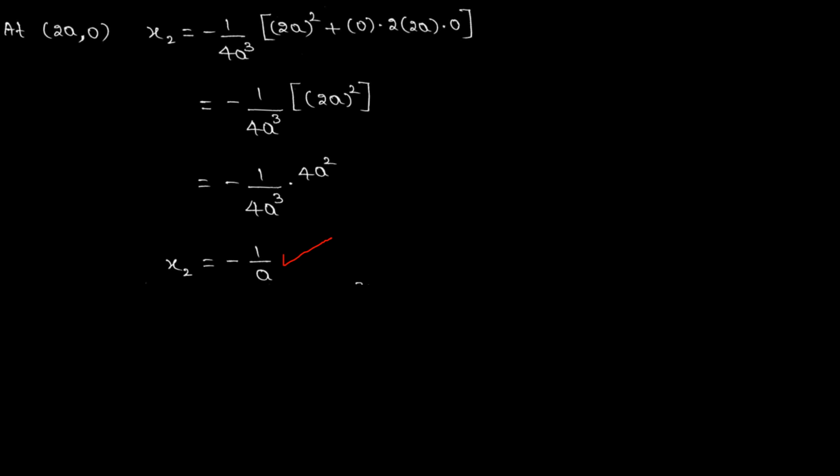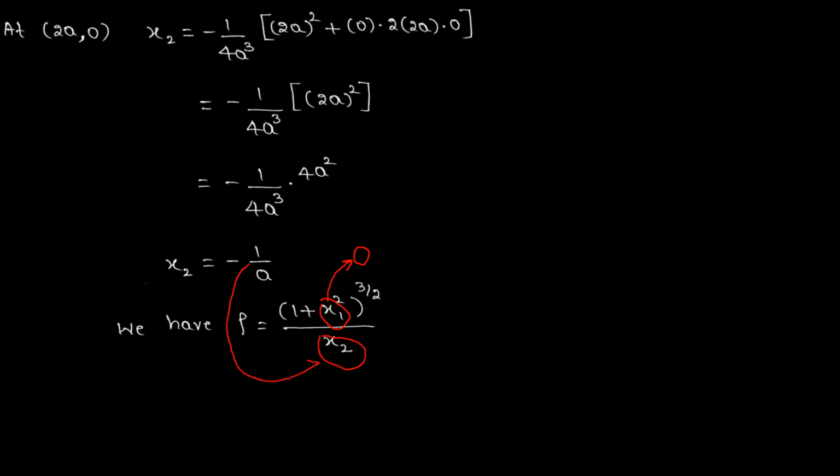Let us substitute the values of x1 and x2 in the formula. The value of x1 is 0, which we have already seen, and the value of x2 is minus 1 by a.